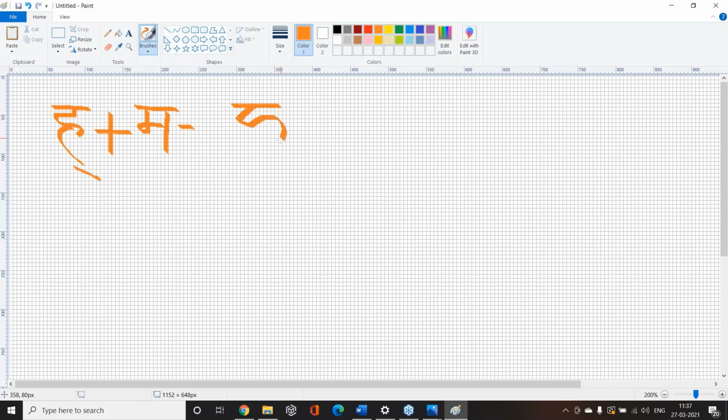Make sure that you have enough space here between these 2 points. And now more will come here. No letter, no matra will attach to her here. Whatever matra, whatever conjunct, whatever letter you have, it will attach here. For example, we have hriday. That re matra will also come here.